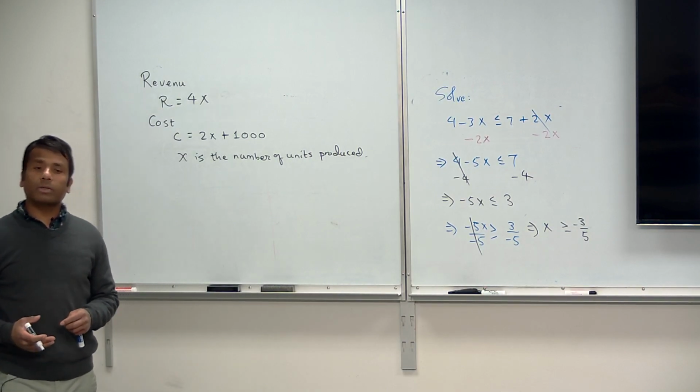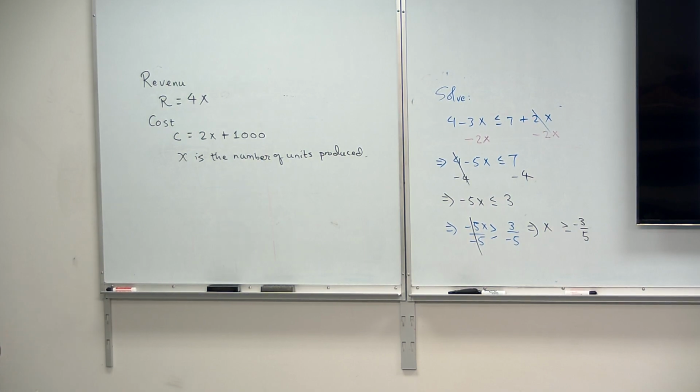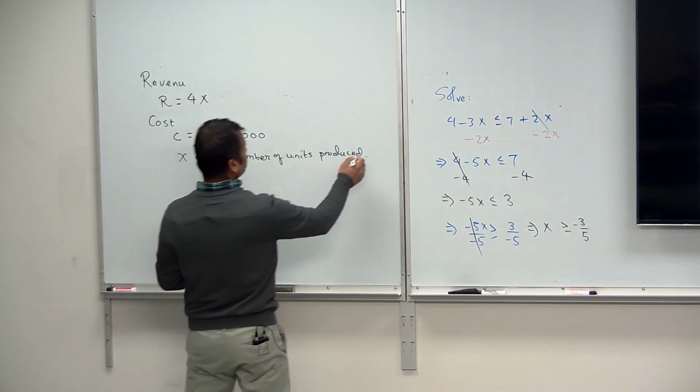So R is the revenue function, right? Revenue of a certain product, and C is the cost, right? And so these are the revenue and the cost function, and x is the number of units produced and sold also.